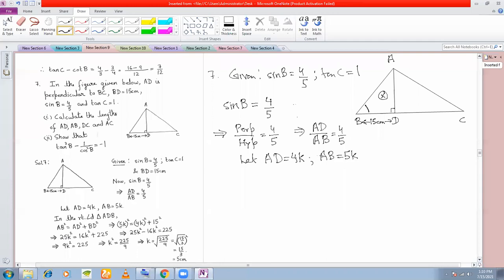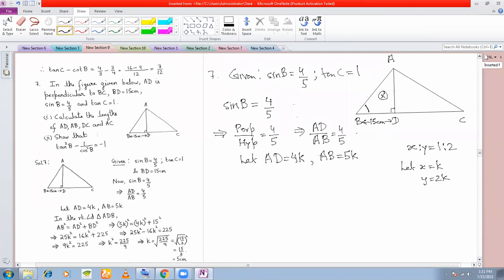Can I or I can't? Tell me, have you understood this or not? Can you please explain once more? Can you explain once again? If X is to Y is equal to 1:2, what do you do? Let X is equal to K and Y is equal to 2K, right? That is what you do, isn't it?